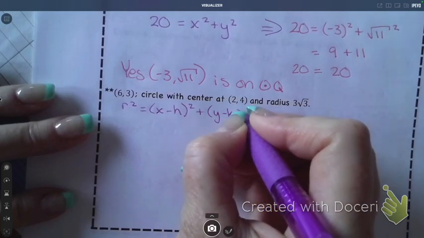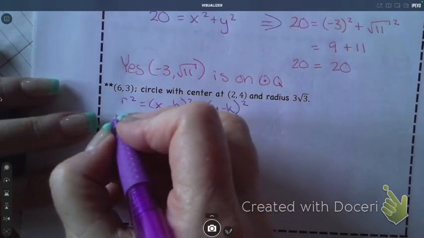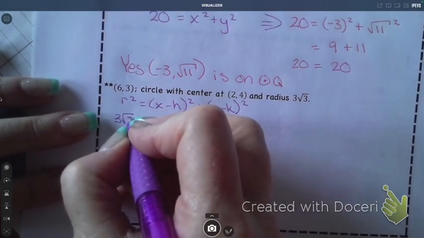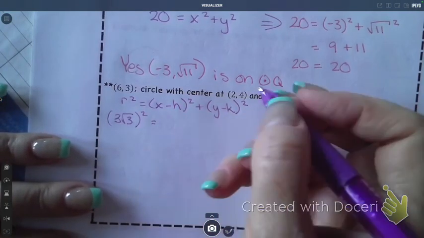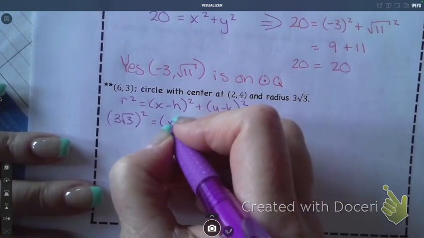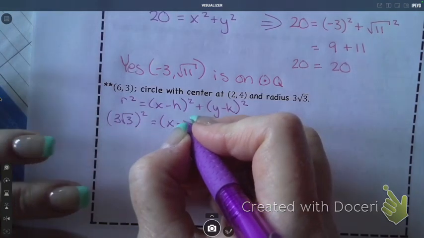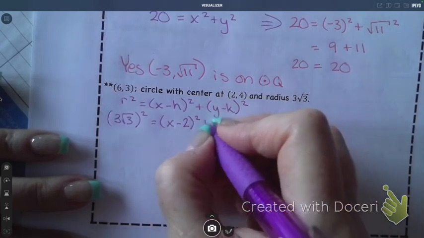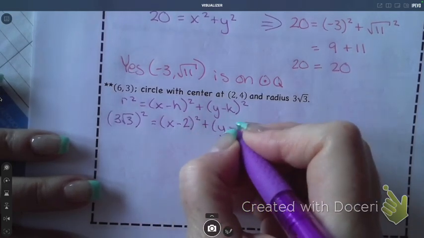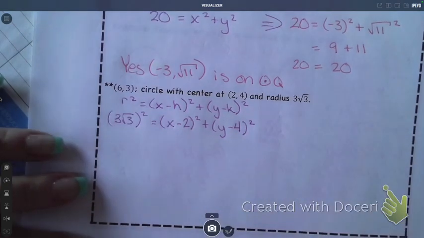Okay, so r is 3 square root of 3 squared equals x minus 2 squared plus y minus 4 squared.